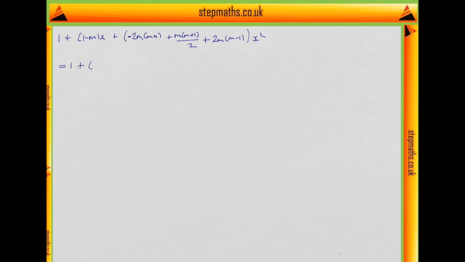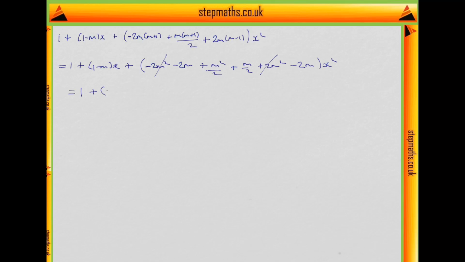So this is equal to 1 plus (1 - m)x, plus, right, let's expand this out. So we get minus 2m² minus 2m, plus m²/2 plus m/2, plus 2m² minus 2m, all times x squared. So we see we get a cancellation here.